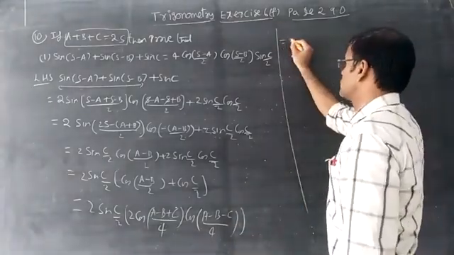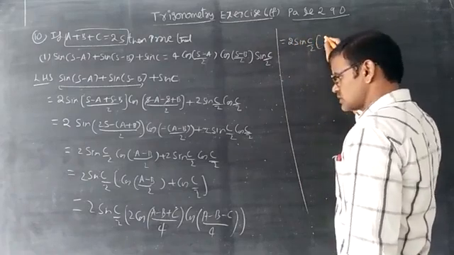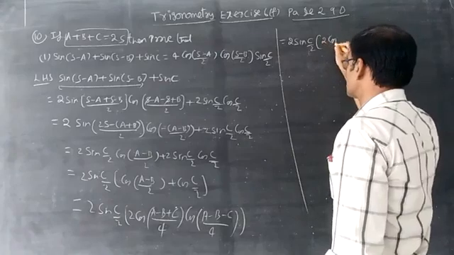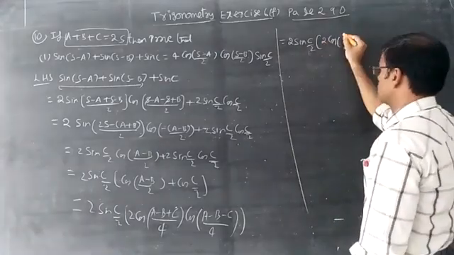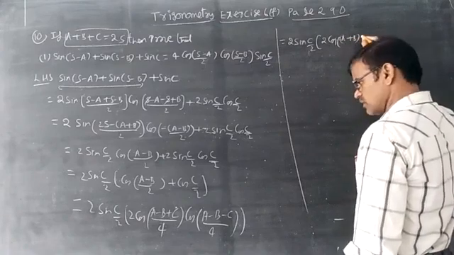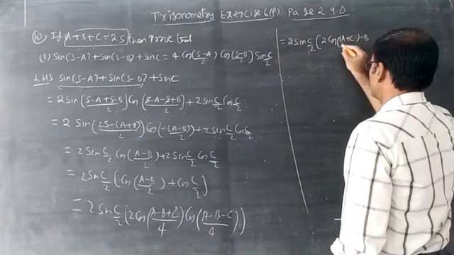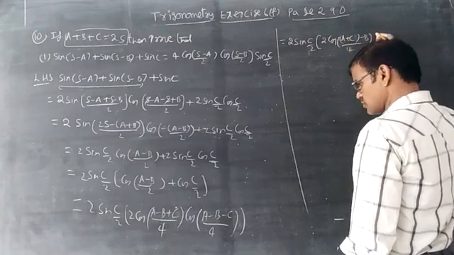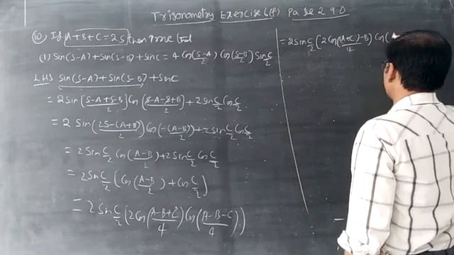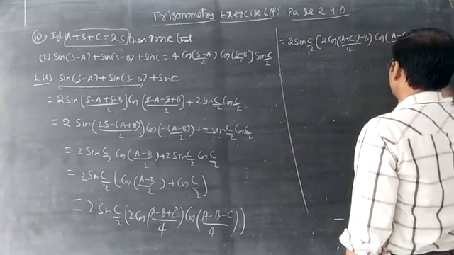That is equal to 2 sin C by 2 into 2 cos of (A + C − B) by 4 into cos of (A − (B + C)) by 4.